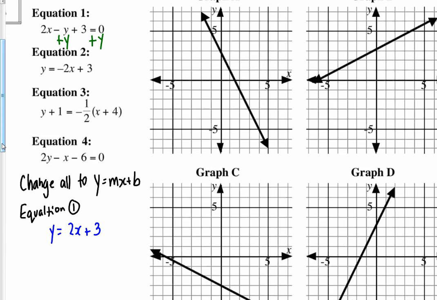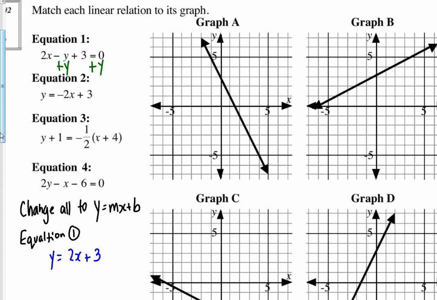What's wrong with graph A, Manraj? If you're paying attention, you'll know. You don't know, so you need to pay attention, please, okay? So, can somebody tell me what's wrong with graph A? Yes. It's a negative slope. Is our slope negative? No, it's +2.